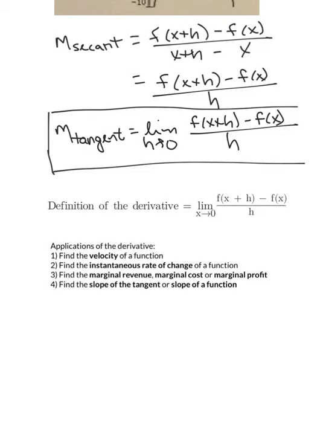The various applications of the derivative that we will be looking at are finding the velocity of a function, finding the instantaneous rate of change of a function, finding the marginal revenue, marginal cost, or marginal profit for a function, or finding the slope of the tangent or slope of a function. If it says either one of those about slope, then you want to use the derivative.